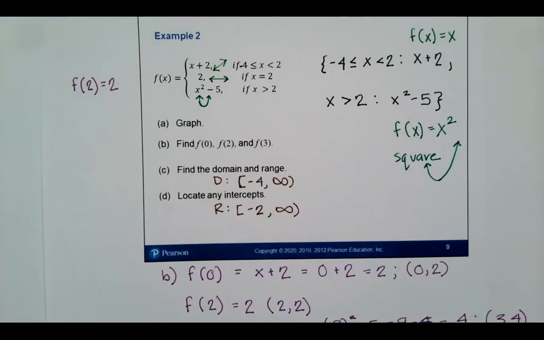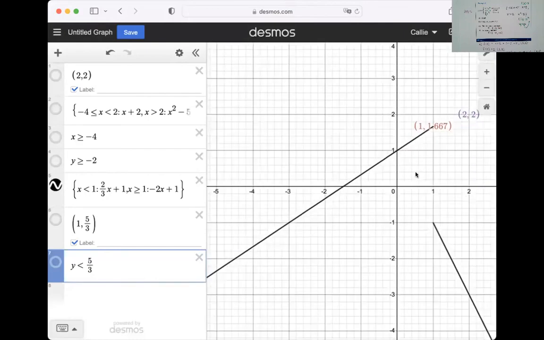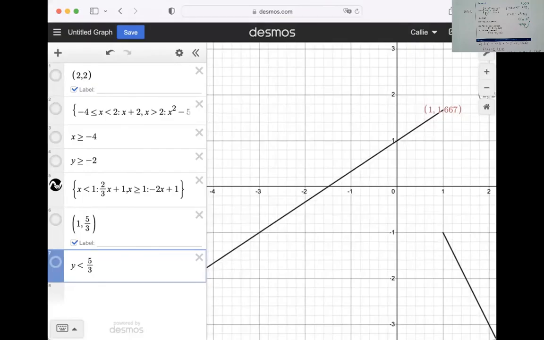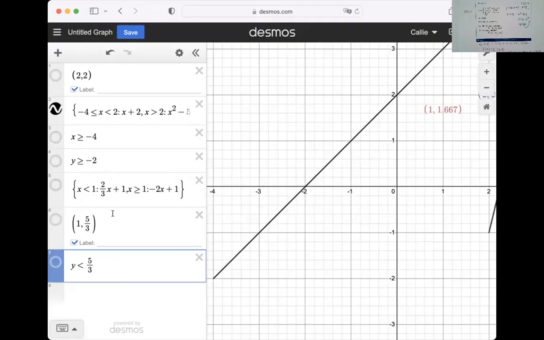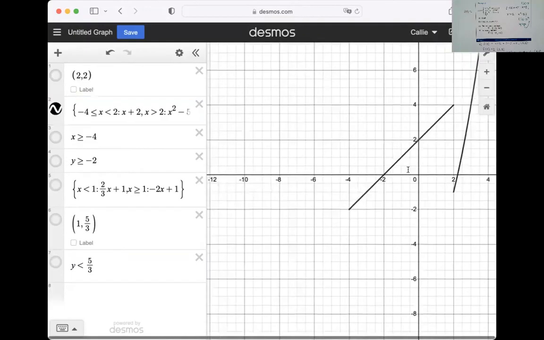Locate the intercepts. Just go straight to Desmos. What are the intercepts? The intercepts are here, and they will label them for you on Desmos: -2, 0, and 0, 2. Which equation are we talking about?